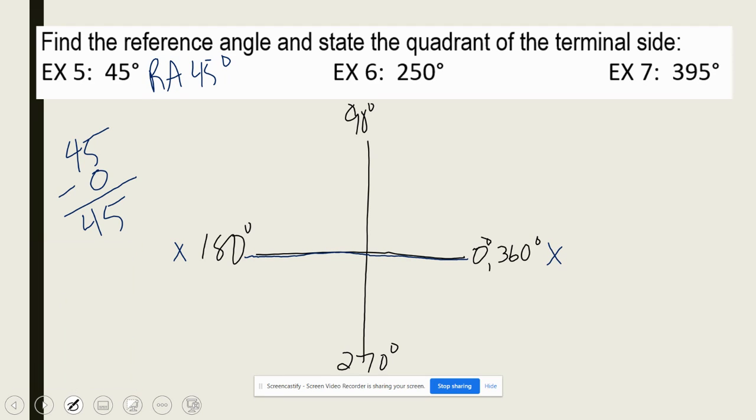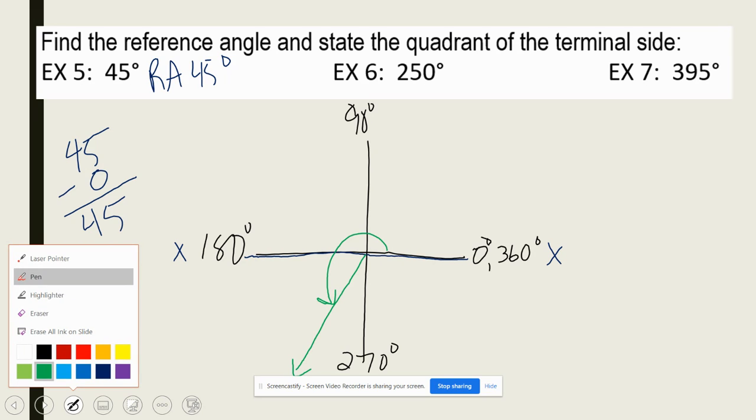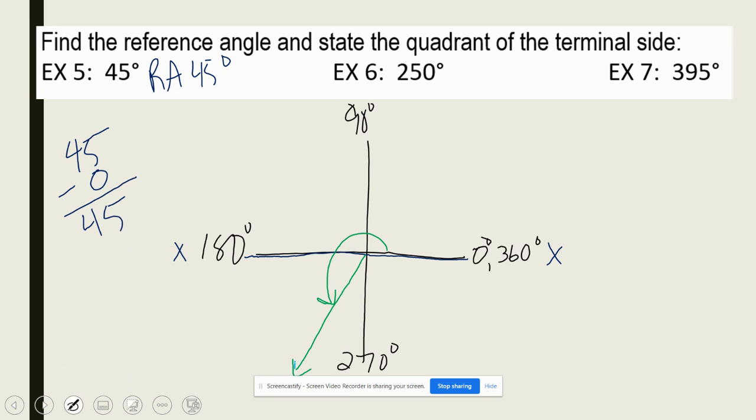All right, 250 degrees. 250 degrees is in quadrant 3. It's between 180 and 270, roughly about here. Our nearest x-axis is the 180. Remember, you can only ever go to 0, 180, or 360. Those are the values on the x-axis. Our theta is tucked up in the corner over here, again, touching the origin and the x-axis.